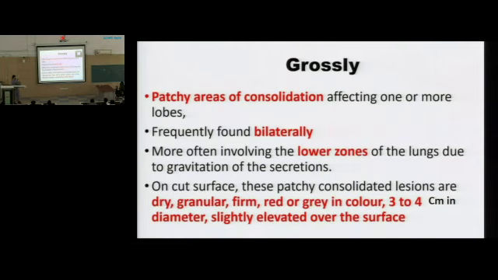On the cut surface, there will be patchy consolidation lesions that can be dry, granular, firm, reddish to greyish in color, varying in size from 3 to 4 cm in diameter, and slightly elevated over the surface compared to the normal lung parenchyma, which is spongy. These nodules will be raised from the surface.